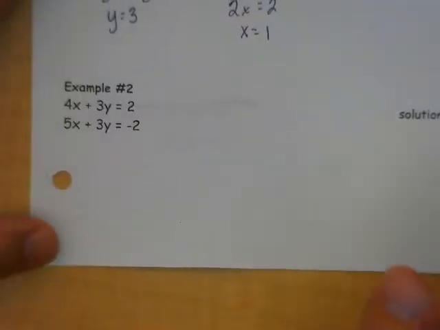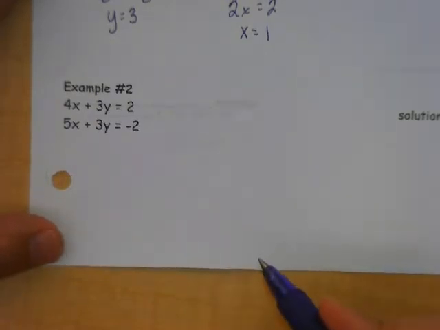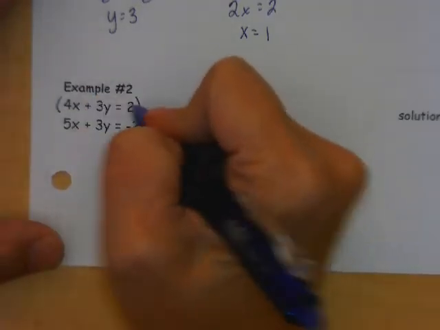So let's look at example 2. What do you notice about example 2? The y coefficients are the same, but they're not going to eliminate. One needs to be what? Negative. So how do we make something negative? Multiply by negative 1. Just one, and it doesn't matter. I'm going to choose the top one.